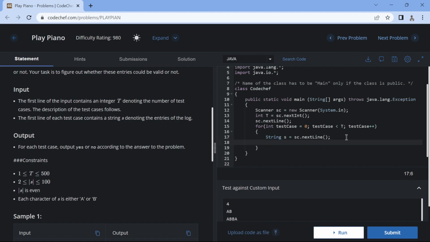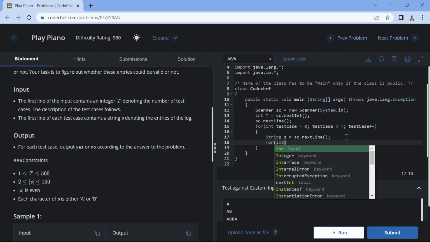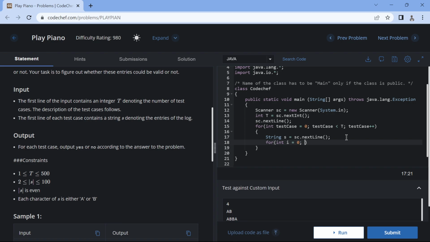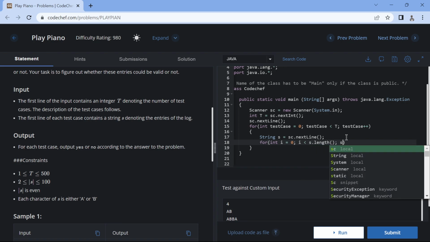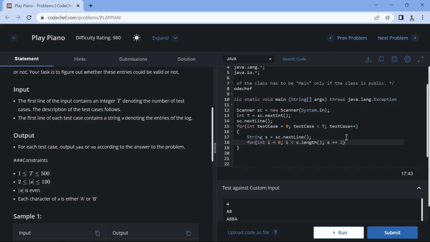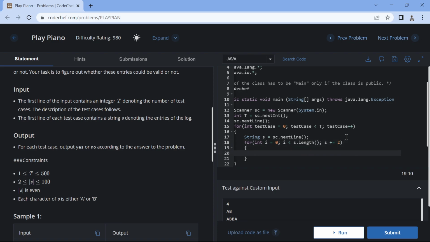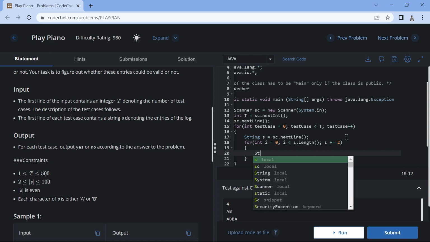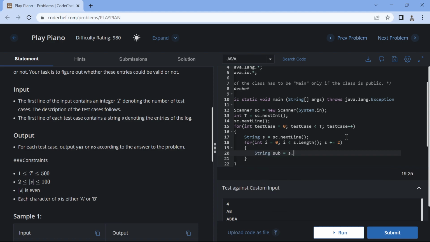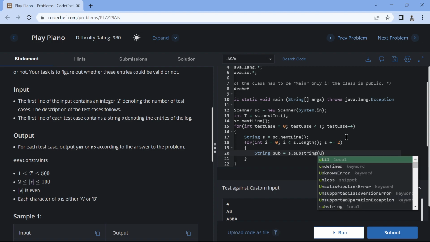With that out of the way, we see that s is even. So we can just do for int i equals 0, i is less than s.length, i plus equals 2, because we want to get the substring of every two letters. We can do that by getting string sub equal to s.substring from i to i plus 2.